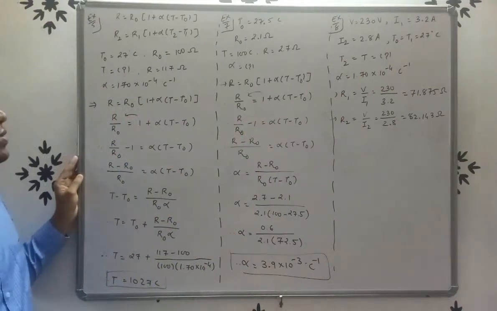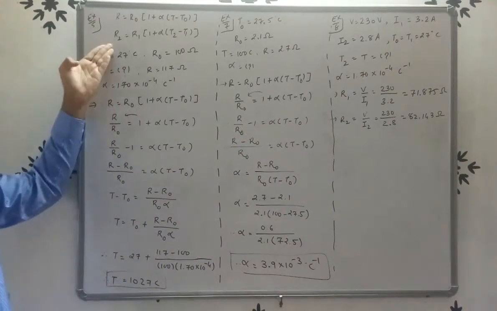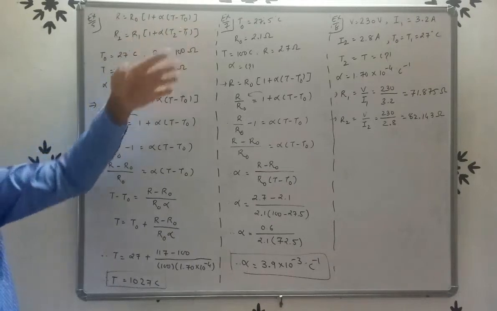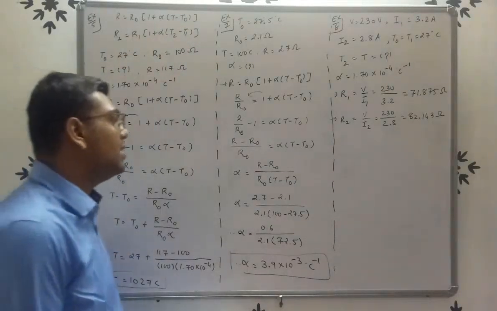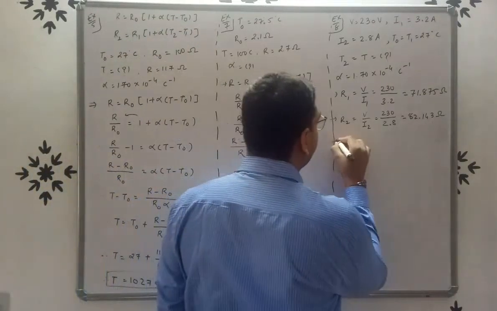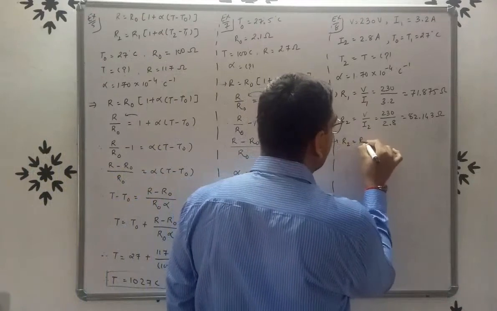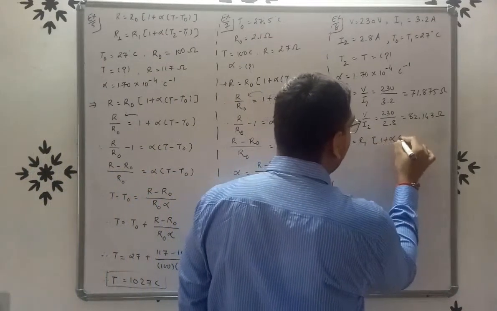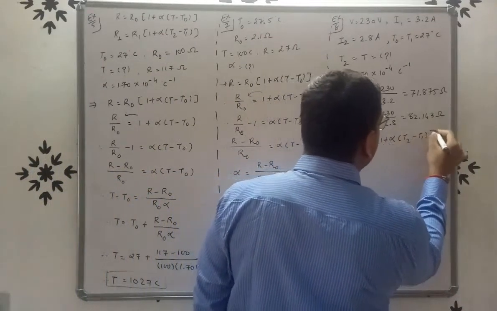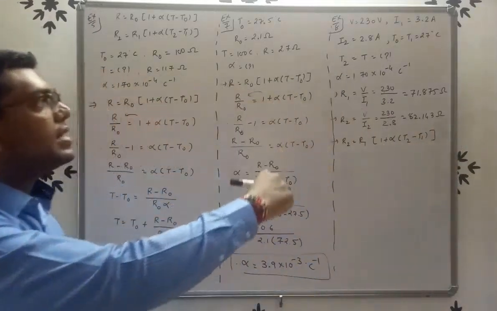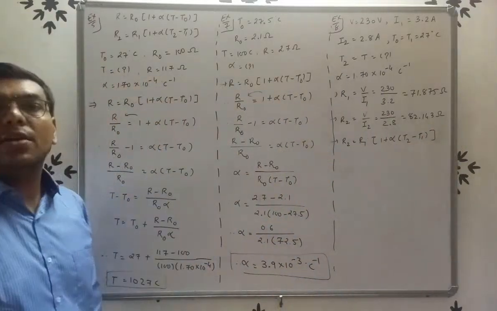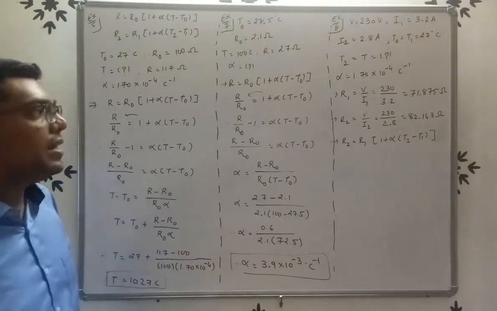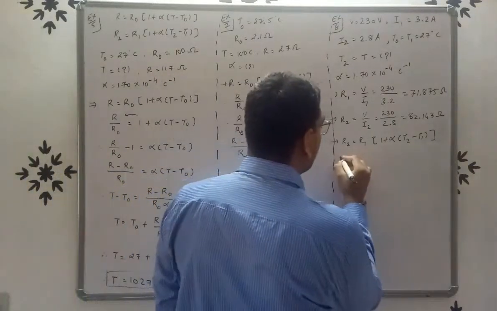So again we have to use the formula R2 is equal to R1, 1 plus alpha, T2 minus T1, right? Here in this example we have to find the value of T2, so we have to formulate T2. So this R1 goes to the left hand side.